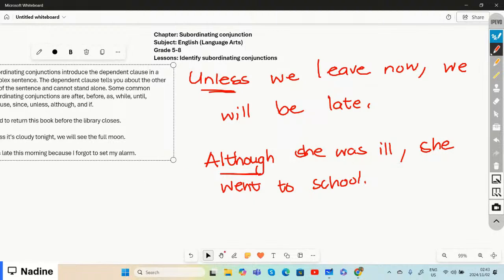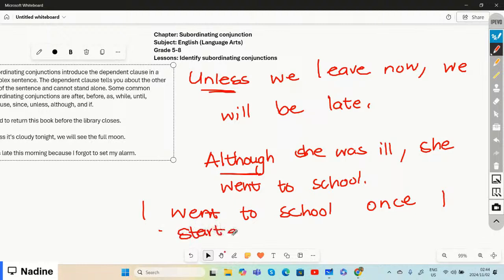And if we were to follow up on the same sentence, we can then say, I went to school once I started feeling better. What is our subordinating conjunction within that sentence? I went to school once I started feeling better.